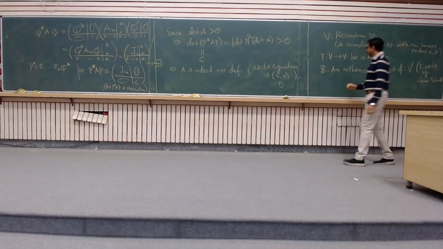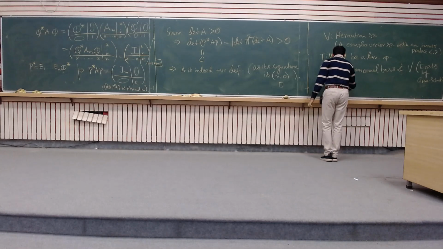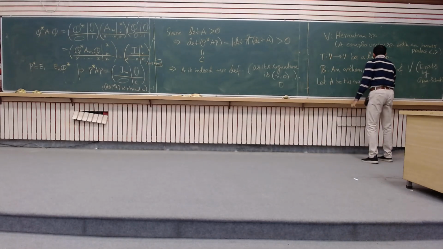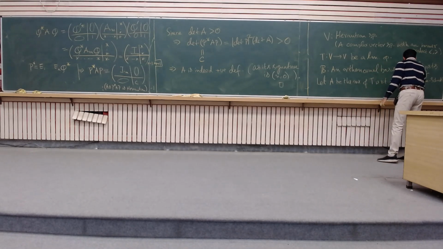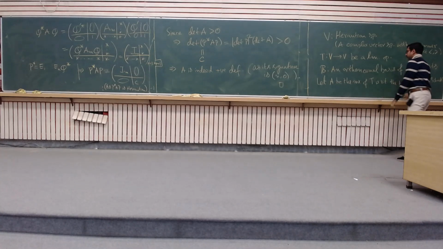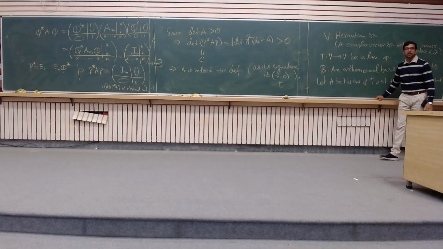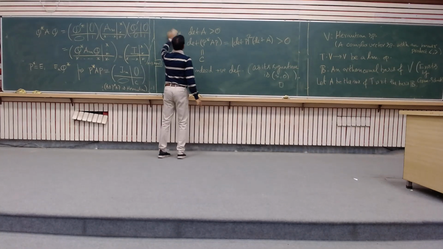And let A be the matrix of T with respect to the basis B. I hope you still recall how we defined the matrix of a linear operator. Could you just recall how we defined it?